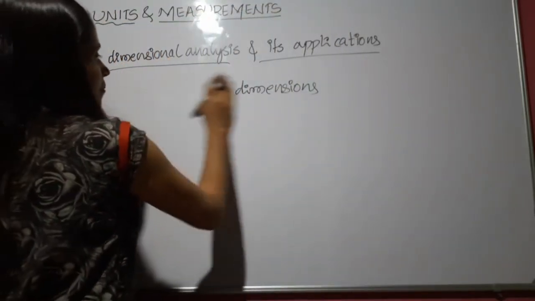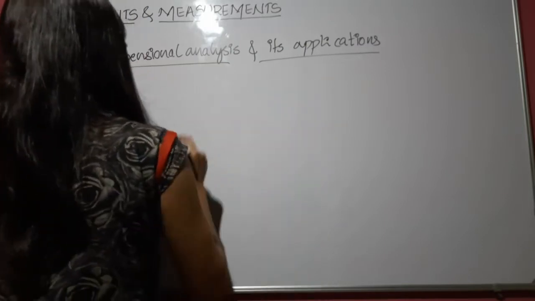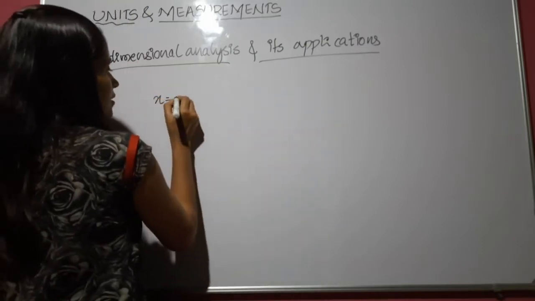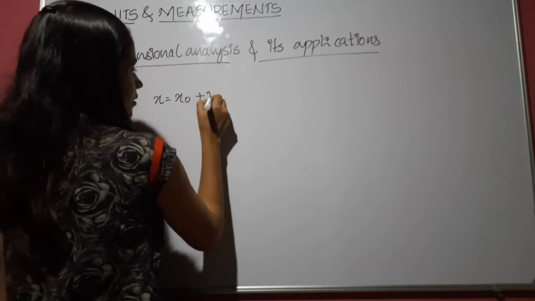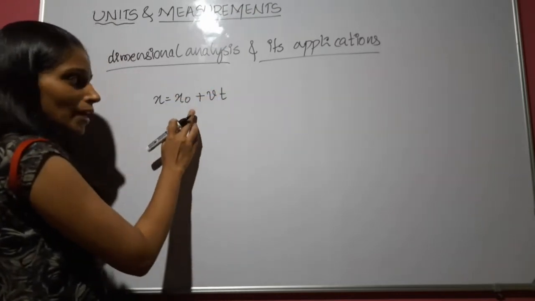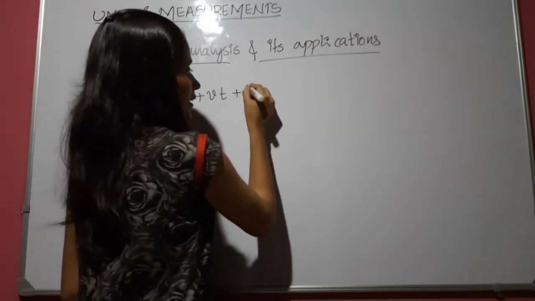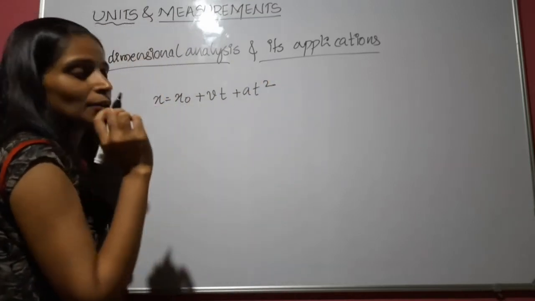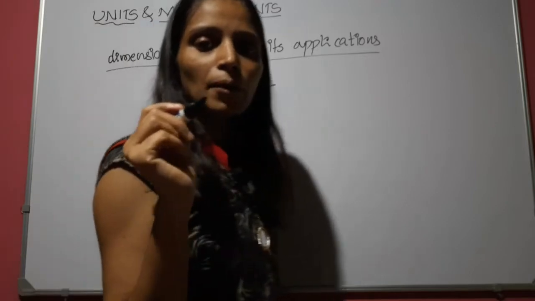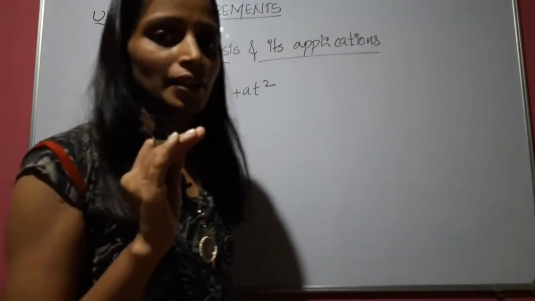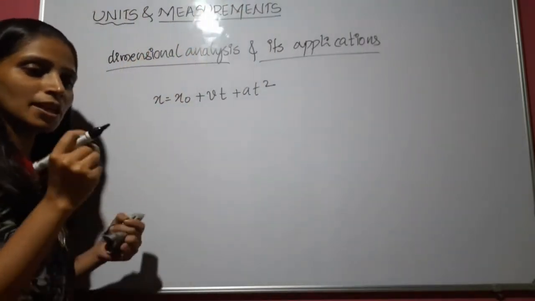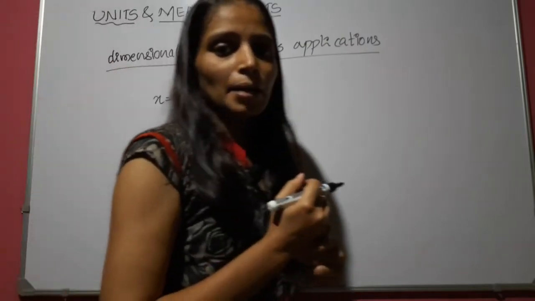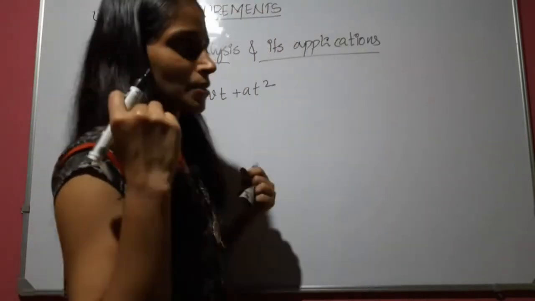We'll take one example. This is one equation. X is equal to x naught plus vt plus half a t square. The principle of homogeneity of dimension says the physical quantities which have the same dimension can be added or subtracted.